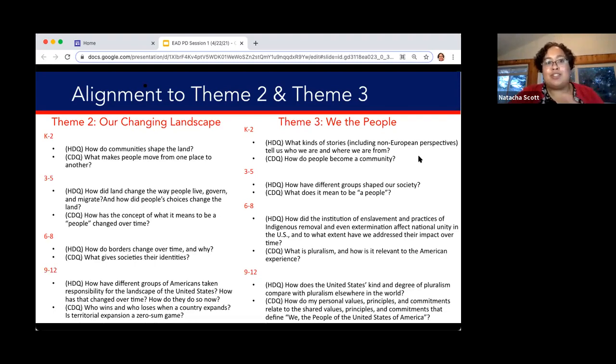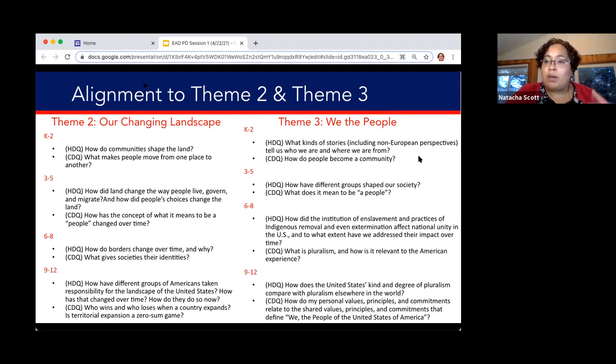If that image did not show change over time, in that one, taking the time to analyze that one image, imagine as we start to put together primary source sets, imagine as you have those deeper conversations in your classroom where you really grapple with that tension that you see. And then you think about that connection that design challenge 2 brings to theme 3, in terms of what kinds of stories tell us, including, so this is all perspectives, tell us who we are and where we're from.